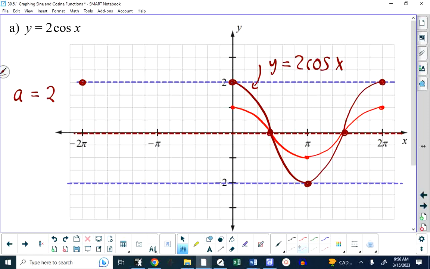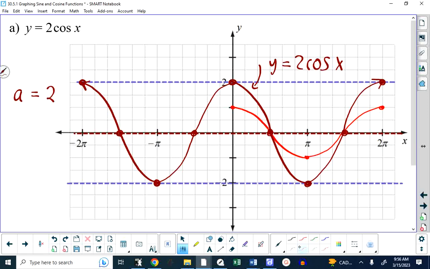It's going to bottom out halfway between. It's going to level out, in other words, cross the x-axis halfway between the max and the min. So this is what it would look like. And we really ought to put arrowheads on the end of this. Again, it's the brown graph, not the red graph.